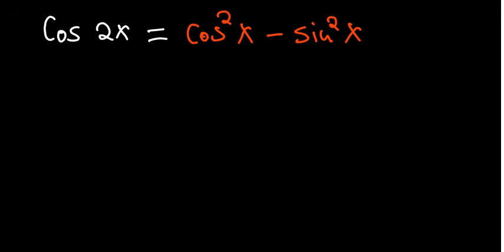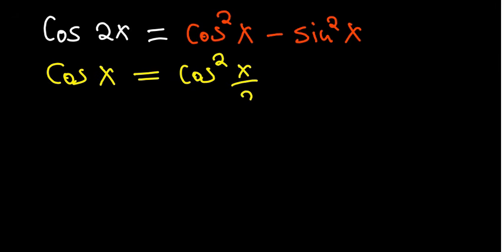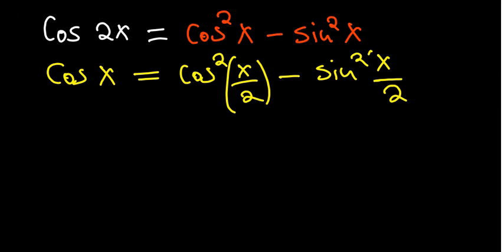So equally, if you plug in x over 2, you have cos of x is equal to cos squared of x over 2 minus sine squared of x over 2. You can think of this in that way.